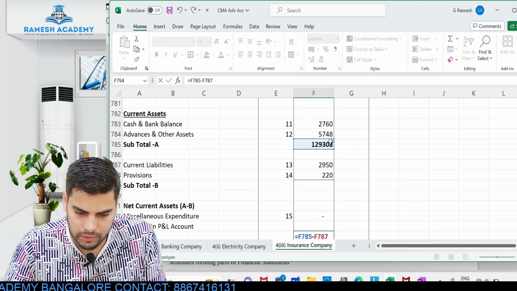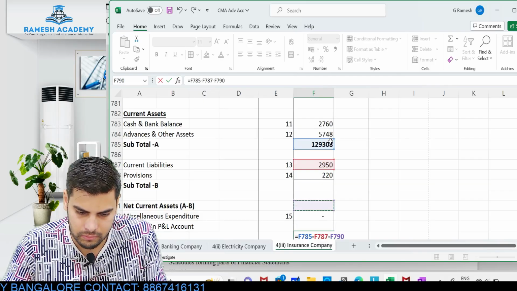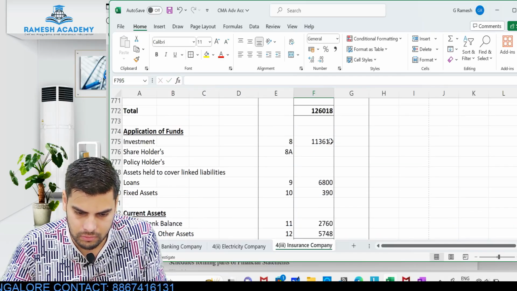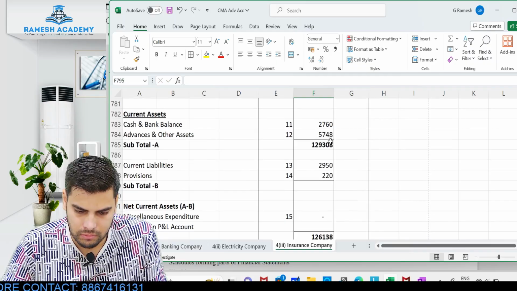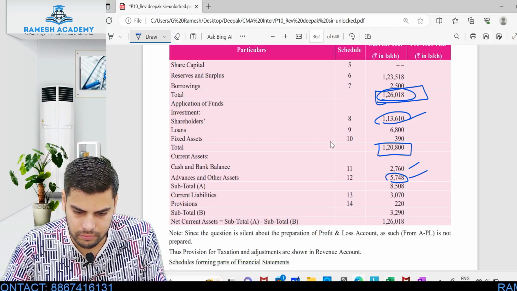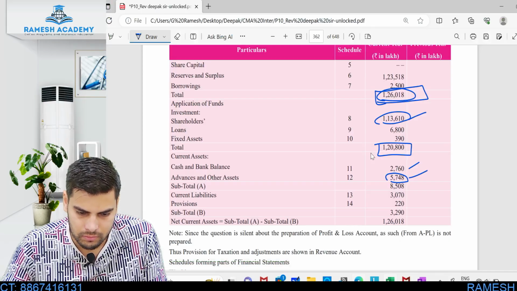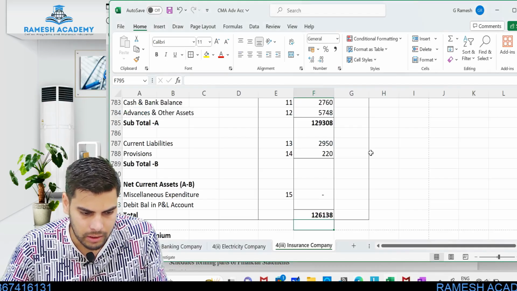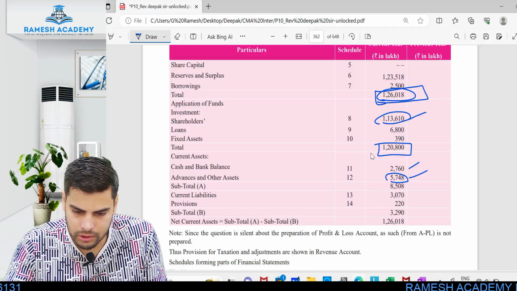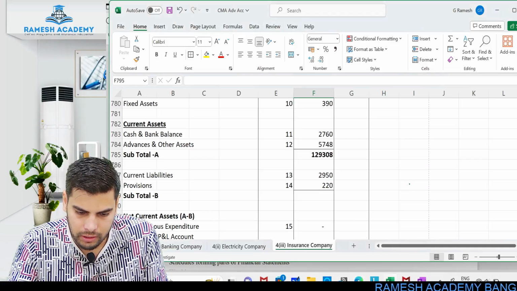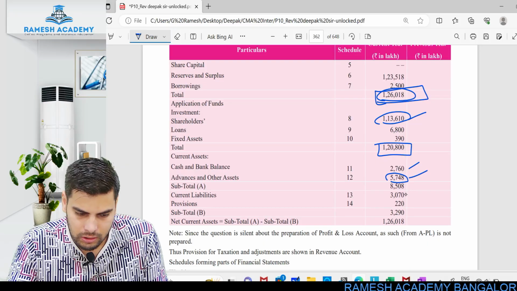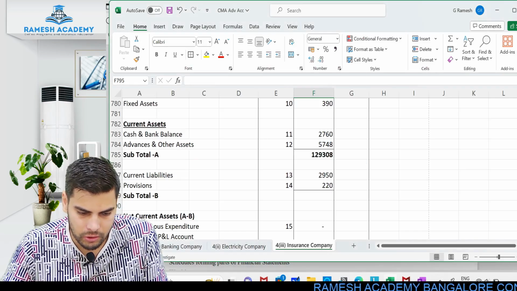Current liabilities, we will just be deducting it. Cash and bank balance, how much did we get? 2,760, 5,748. Okay, this is also correct. So current liabilities 3070 is what they have got.